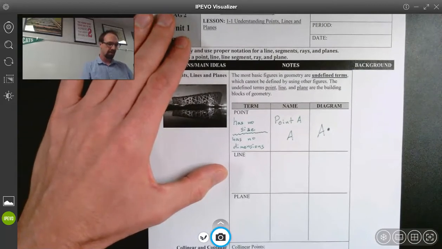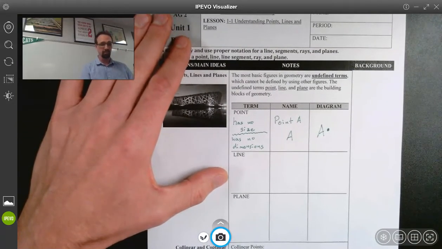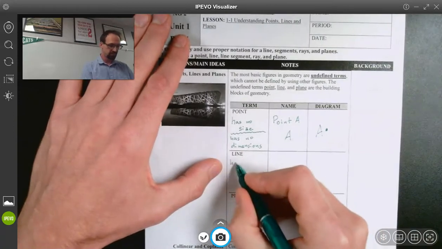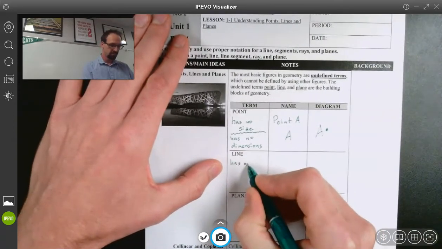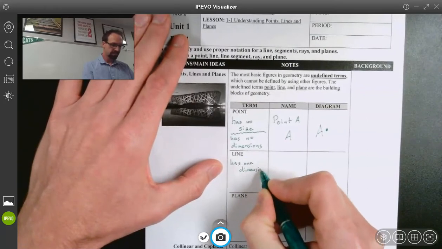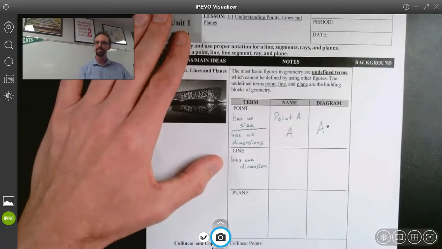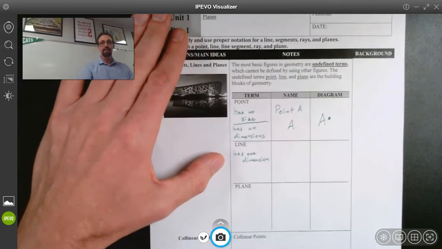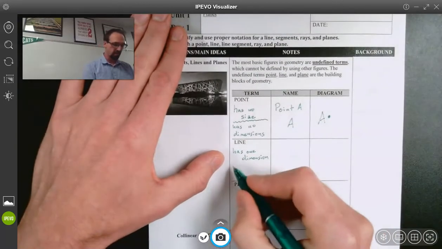The next one I want to talk about is a line. A line has one dimension. A line in its dimension extends without end in both directions.